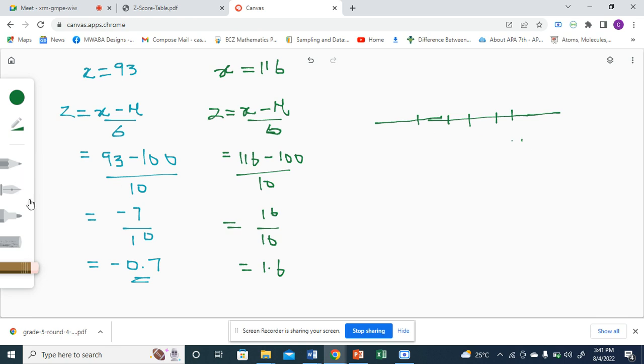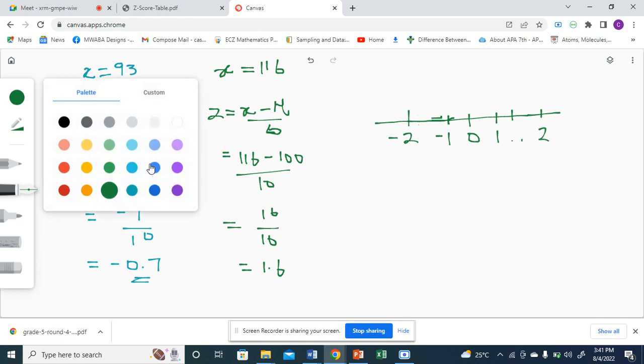So we have 0, here 1, here negative 1, negative 2, and here we're going to have 2.